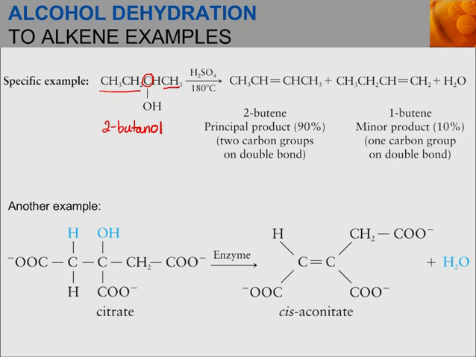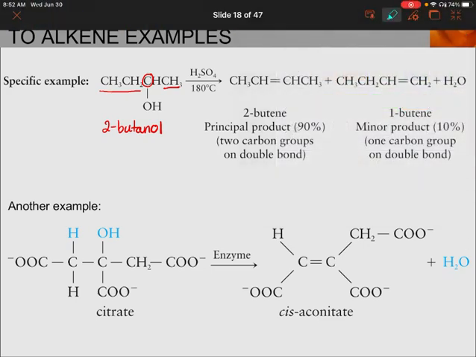We could take a hydrogen from either side and end up with two products. We could take a hydrogen from the left or from the right, and that's going to give us either a double bond in the middle of the molecule or a double bond on the end of the molecule. And of course, we have our water molecule as one of our products as well. So we get 2-butene and 1-butene as our products.